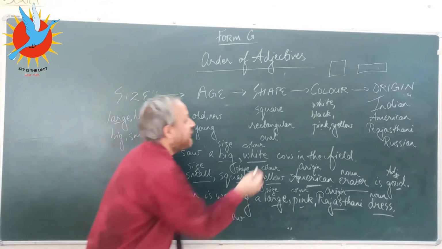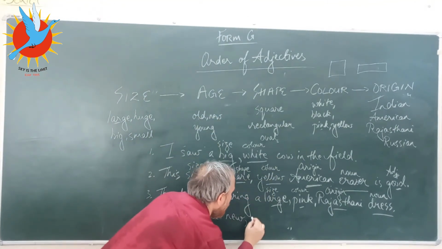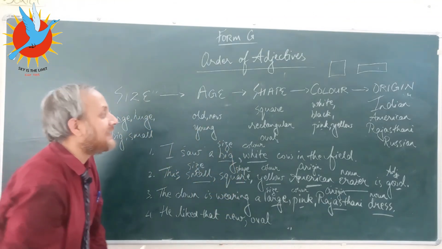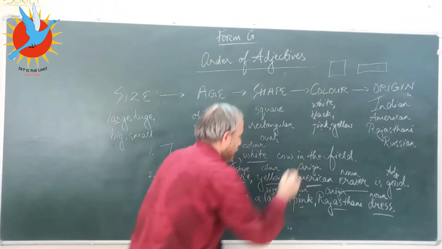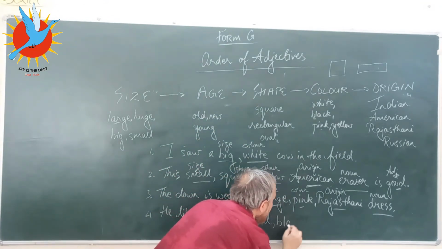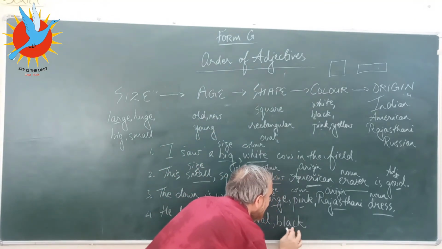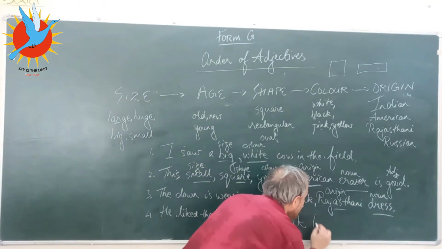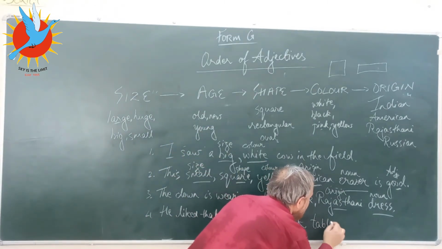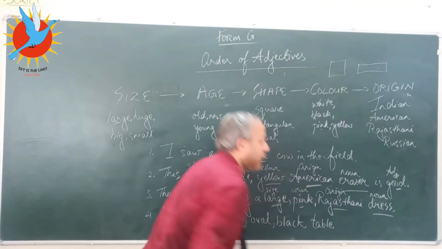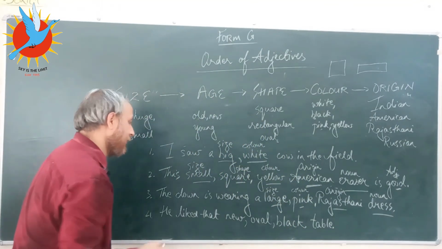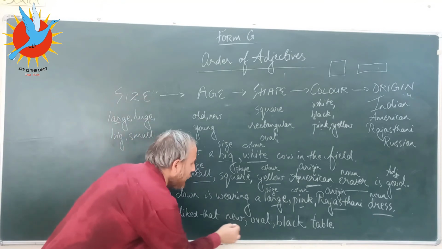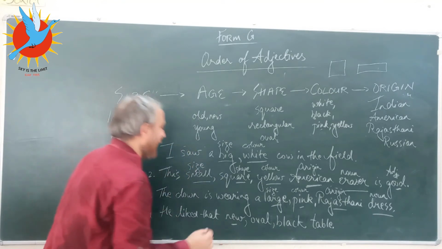Let's take an adjective of shape then. Oval. Let's take an adjective of color. Black. Okay, now let's use a noun. Table. Full stop. Okay, fine. So if you look at this sentence now, new is what, kids? New is an adjective of age.